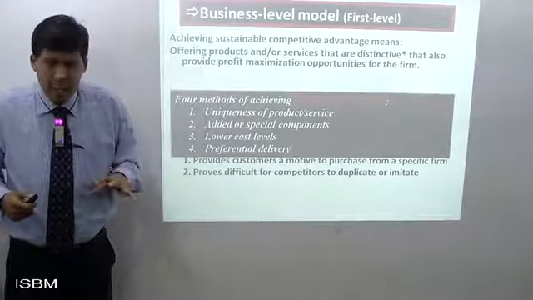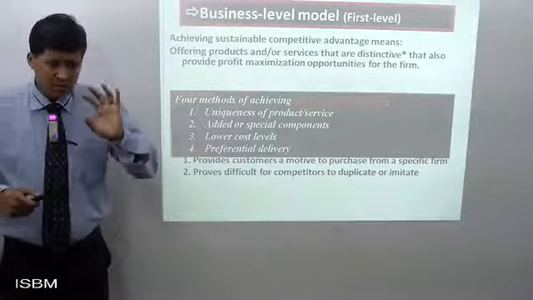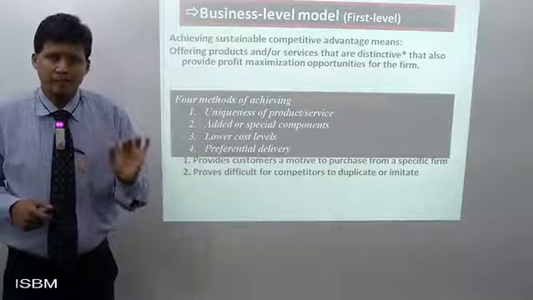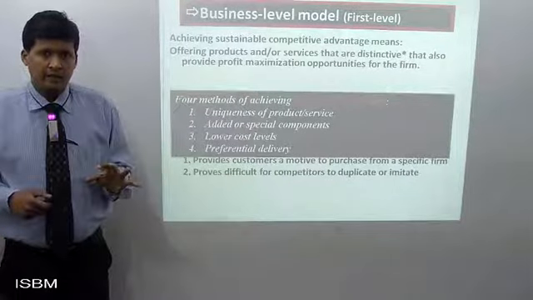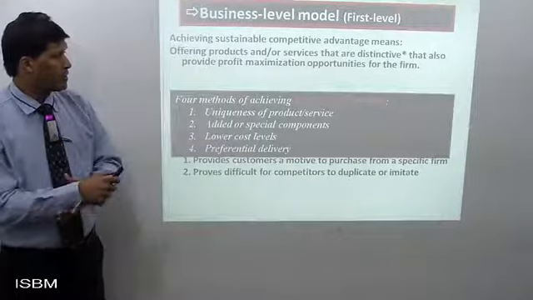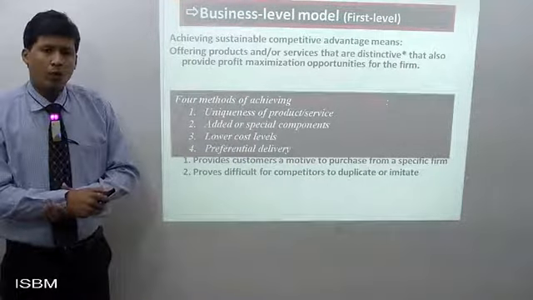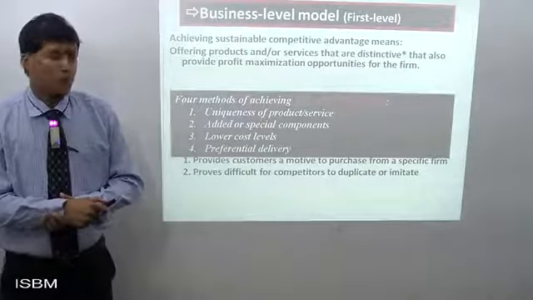Now from a business level model, the objective is simple: make profits, make the customer happy. Here it's about the focus on maximizing profits. So it's more on the product focus and the customer focus.